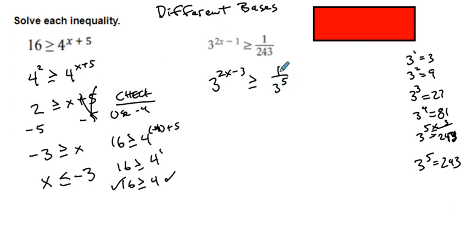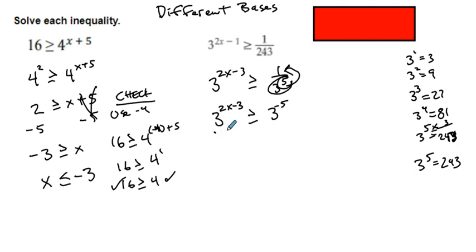Move this thing up, and then it will work. So I'm going to say 3 to the 2x minus 3 is greater than or equal to, I'm going to take this whole thing, move it up top, and when I do that, I just change that to negative. So it's greater than or equal to 3 to the -5th power, right? So we're going backwards. We're not used to that. We're used to going the other way.